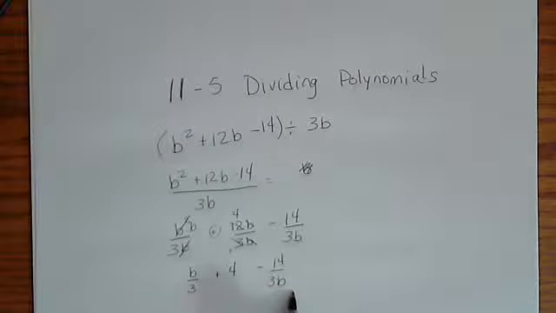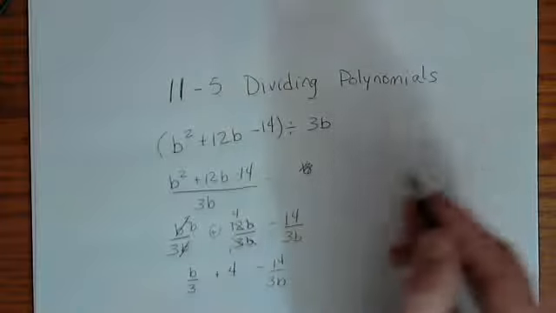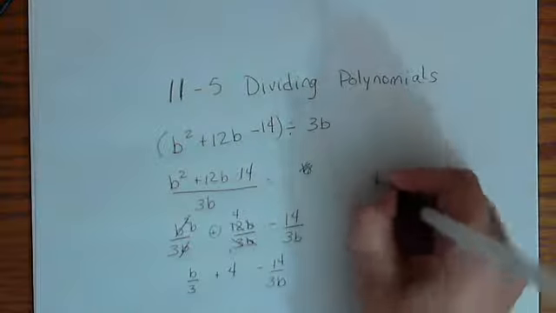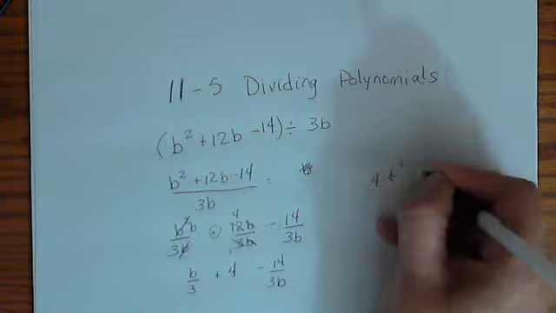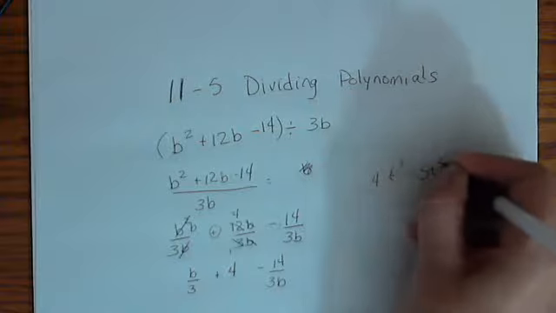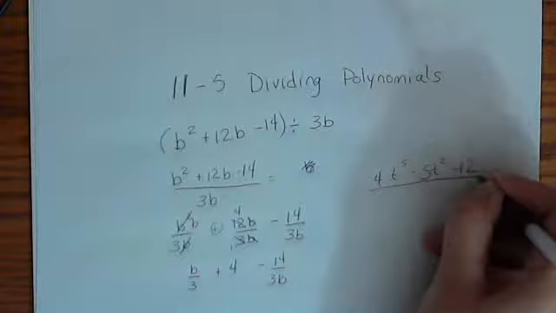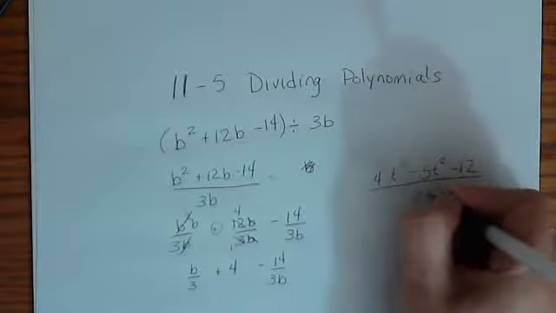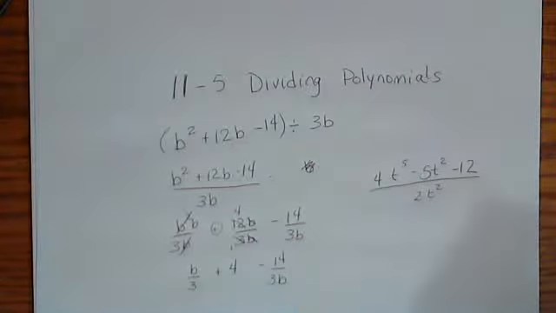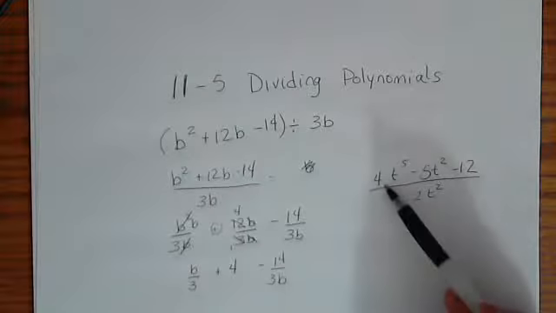Another example of dividing polynomials would be something like 4t to the 5th minus 5t squared minus 12. And this time we're going to divide the whole thing by 2t squared. There's nothing that's common on top.